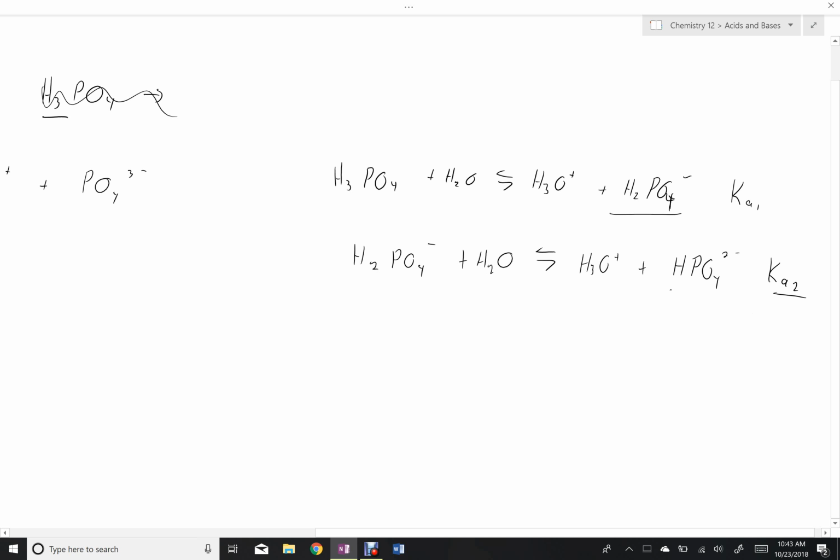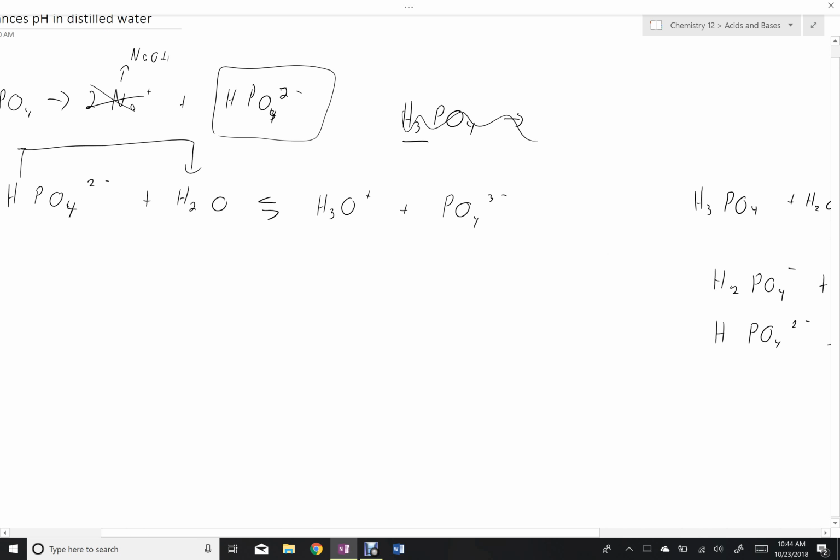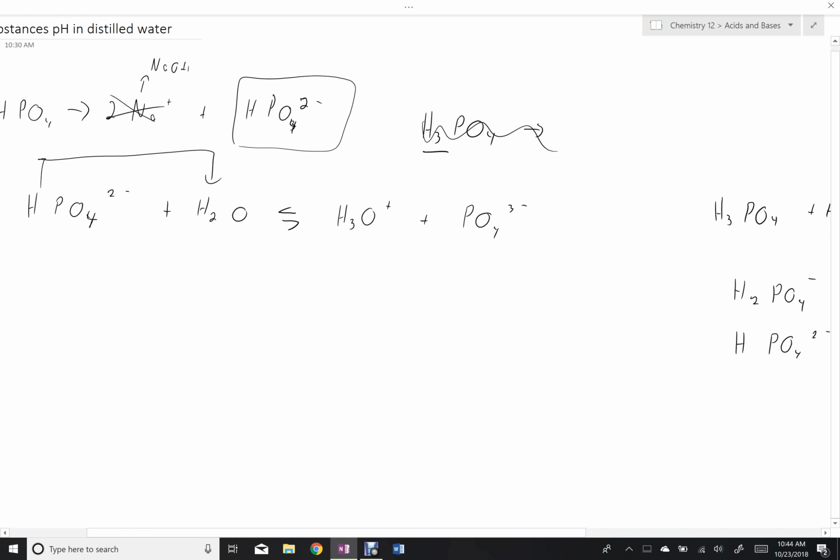And then this, which is what we're actually dealing with in this situation, HPO4 2 minus, can react with water one more time to produce H3O plus again and PO4 3 minus. This is effectively my Ka3 process, the third hydrogen coming off.